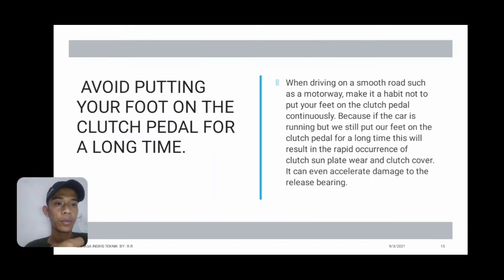When driving on a smooth road such as a motorway, make it a habit not to put your foot on the clutch pedal continuously, because if the car is running but we still put our foot on the clutch pedal for a long time, this will result in rapid clutch plate wear and clutch cover wear. It can even accelerate damage to the release bearing.